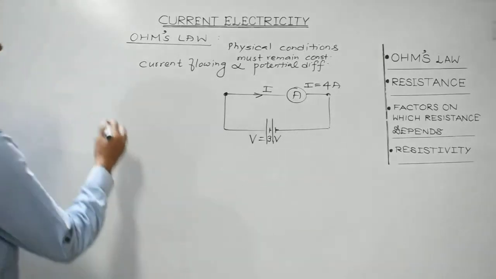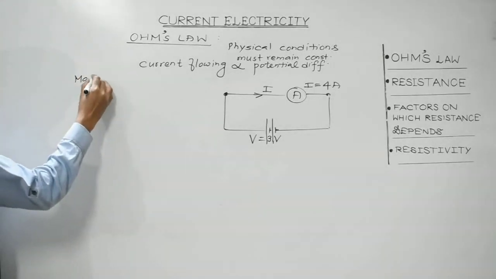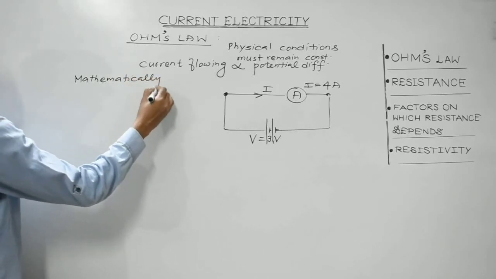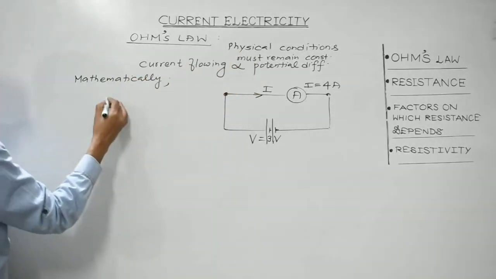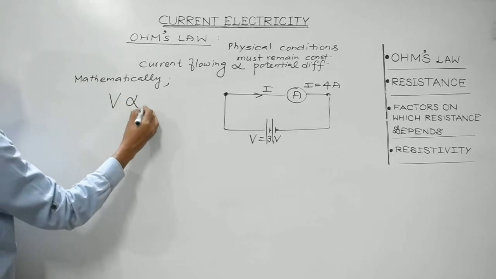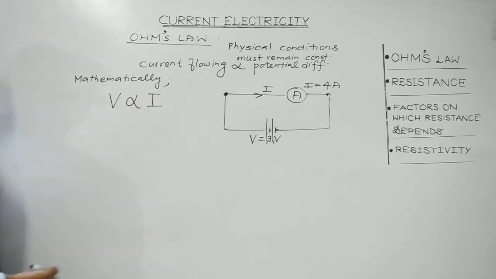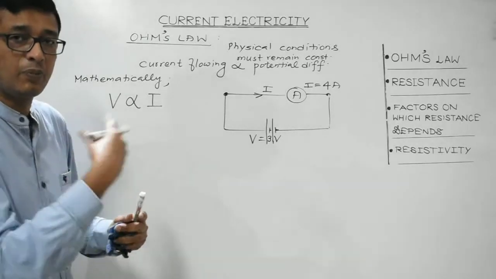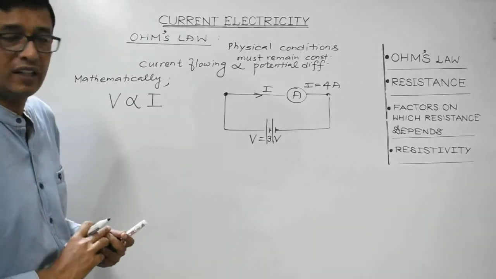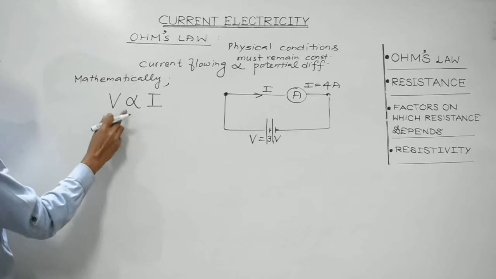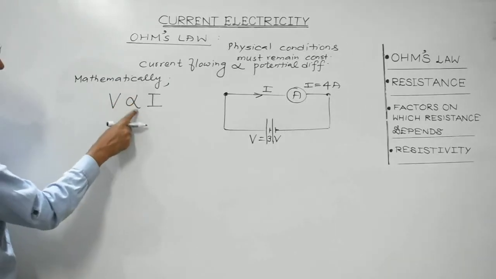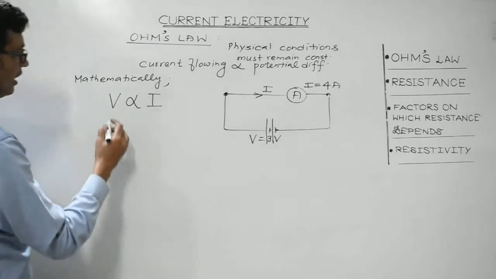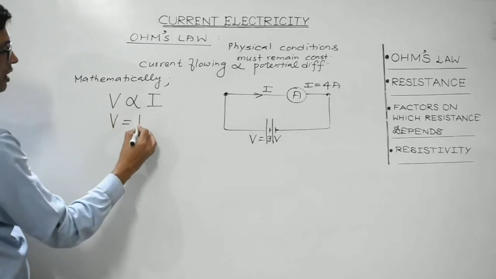So mathematically, potential difference we are aware is represented by V, and current is represented by I. So the potential drop across any section of a conductor would be directly proportional to the current flowing through it. Right? That is also a statement. So you are aware, in order to eliminate this proportionality sign, we need to introduce some constant, and that constant is, students, R.